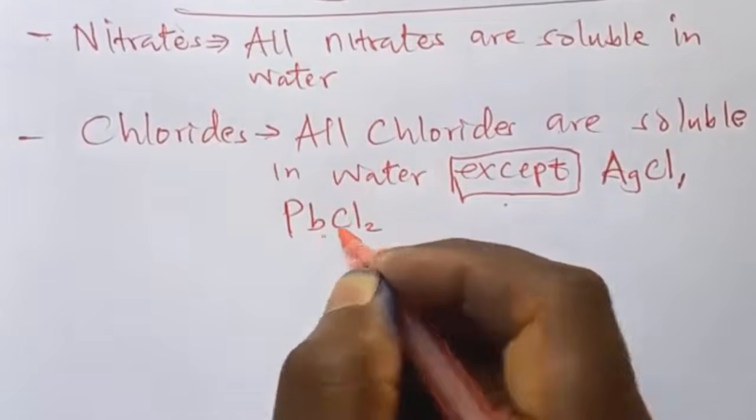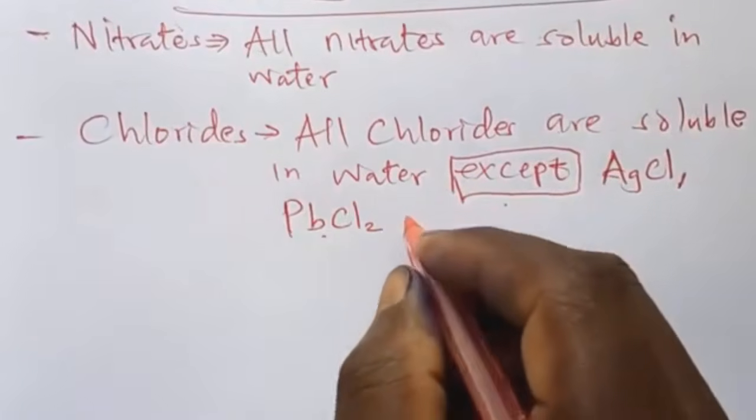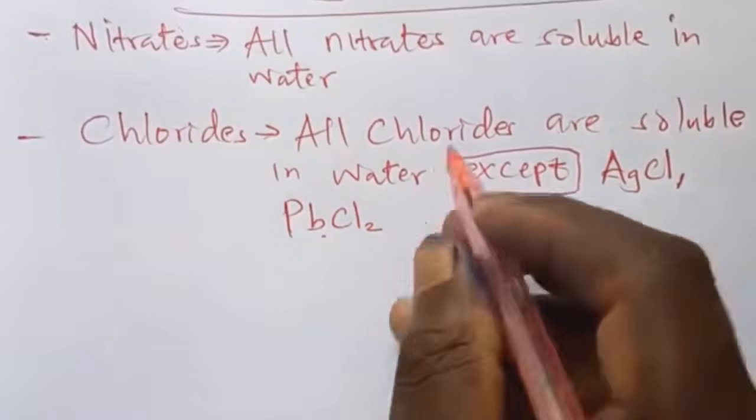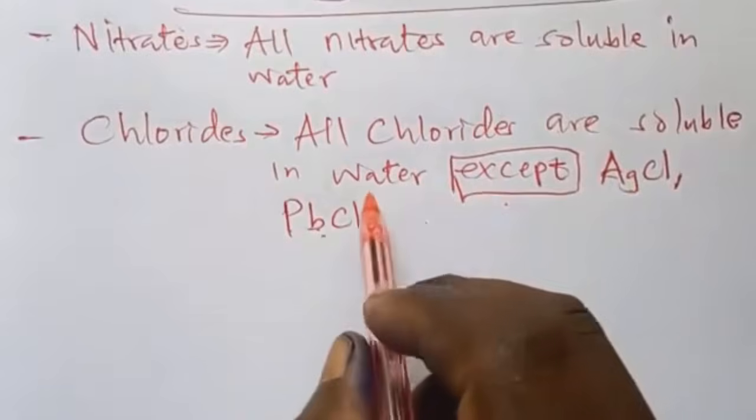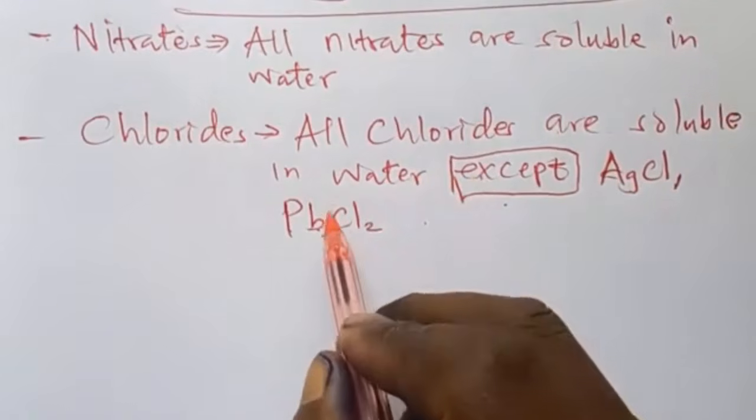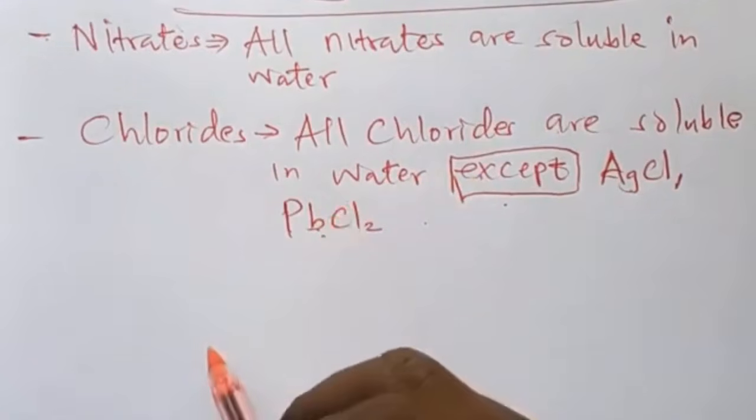These are insoluble in water. So lead chloride and silver chloride don't dissolve in water. They form a white precipitate when you put them in water.